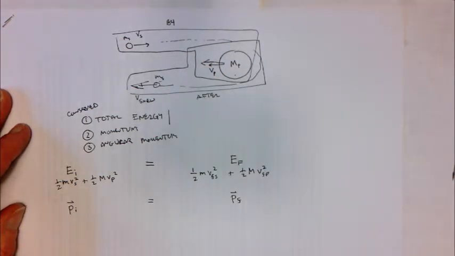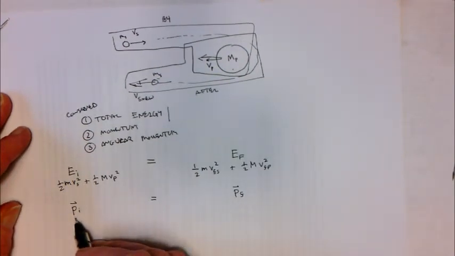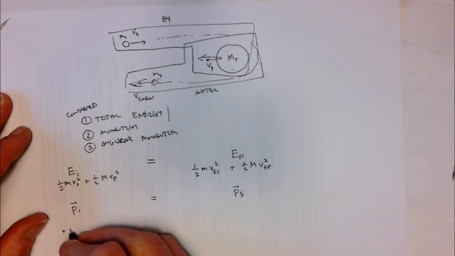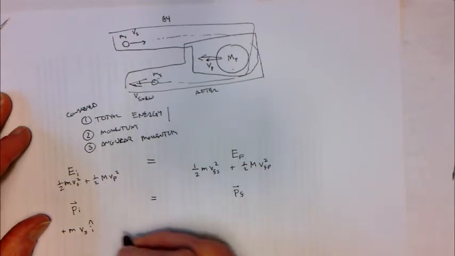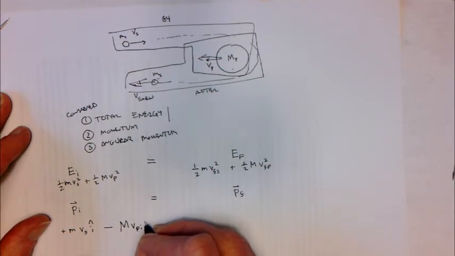Similarly, if I think about the momentums, the momentum in the initial case is going to be plus the mass of the satellite times the velocity of the satellite in the i hat direction, minus the mass of the planet times the initial velocity of the planet in the i hat direction.